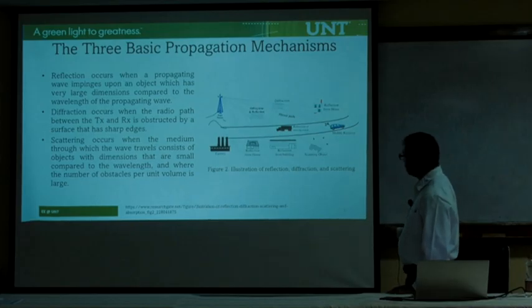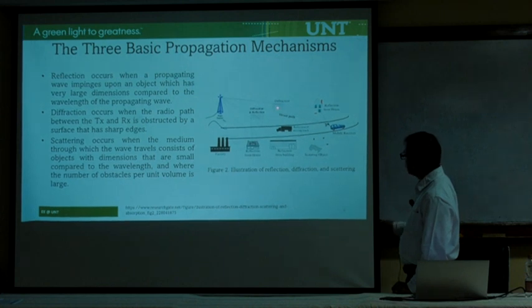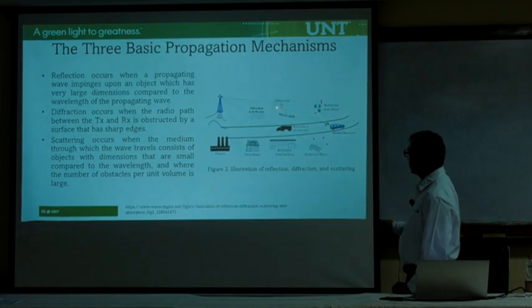And there are many paths. Let's look at one of them, a reflection. Look at this. There is a signal from the cell tower hitting a house, and then it is reflected from the house to some other obstacle or building, and then it is reflected again.